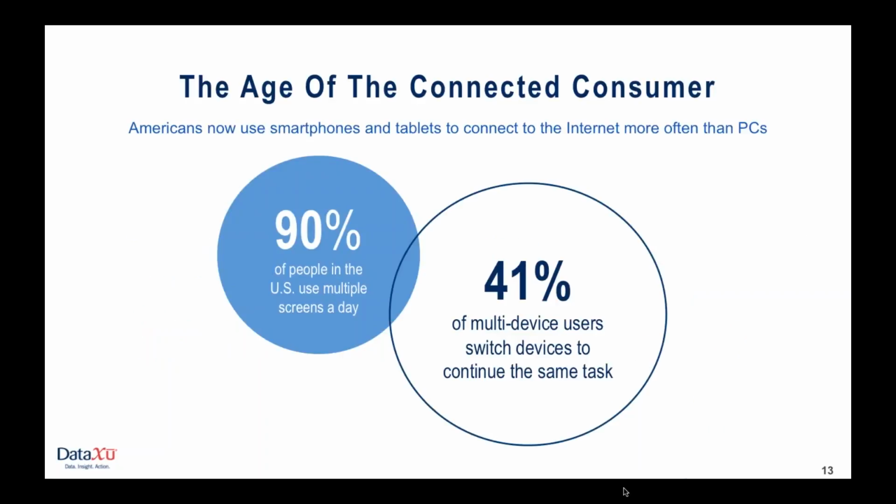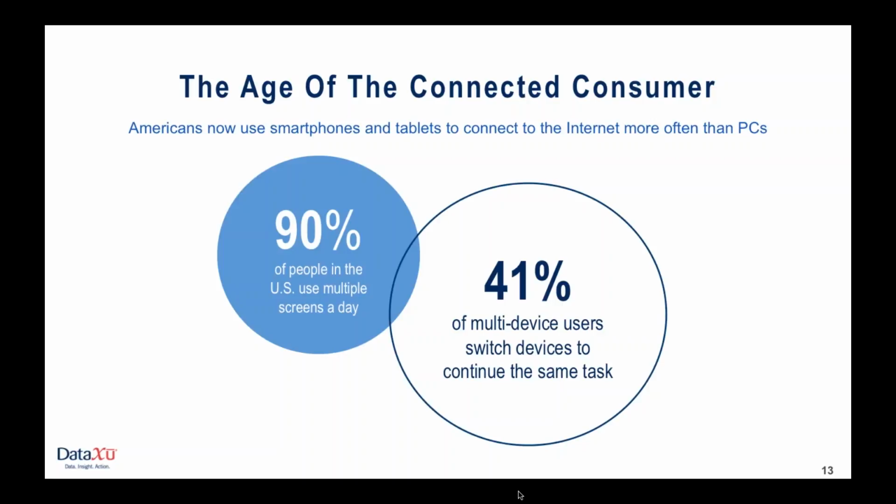The average American owns more than 3 devices, meaning people are more connected than ever. 90% of people in the U.S. use multiple screens a day, and 41% of multi-device users switch devices to continue the same task. For example, you may see an ad for concert tickets on your smartphone while you're out with some friends.